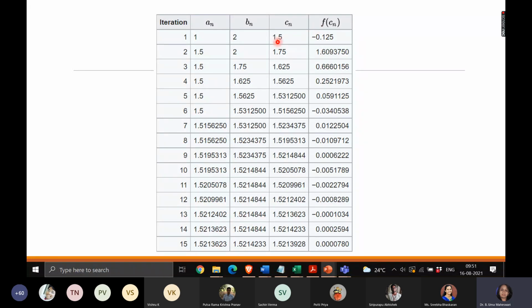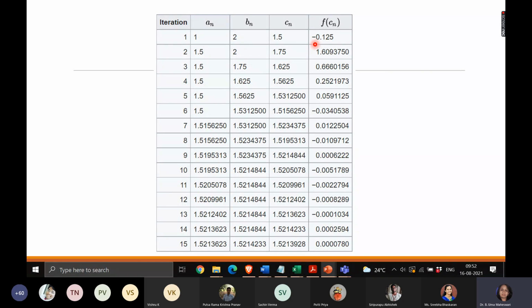That is f of 1.5. For f of 1.5, you will get some value. You may get a positive value or you may get a negative value. If it is a positive value, what do you have to do? If it is a negative value, what do you have to do? In this case, applying 1.5 to the function, you get a negative value.